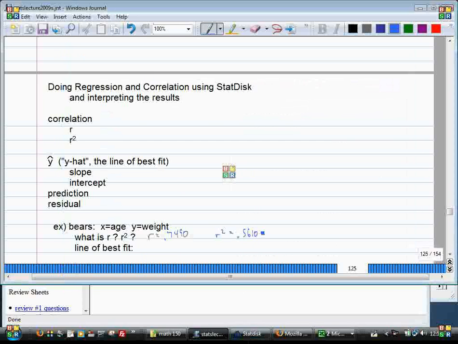Okay. Next, line of best fit. Remember, we call it y hat to remind ourselves that it's an approximation. y hat equals 65.15 plus 2.71 times x.